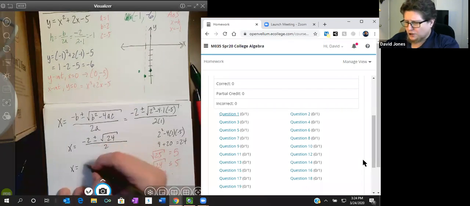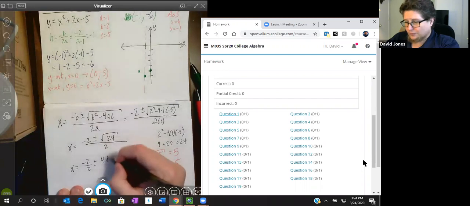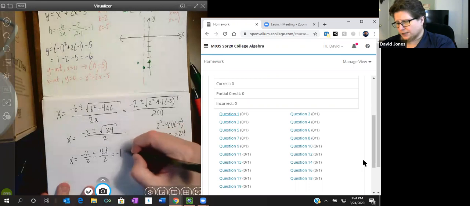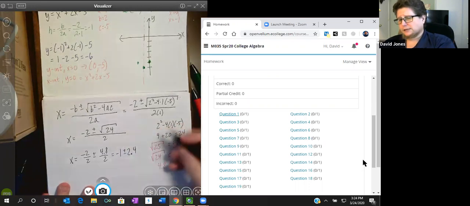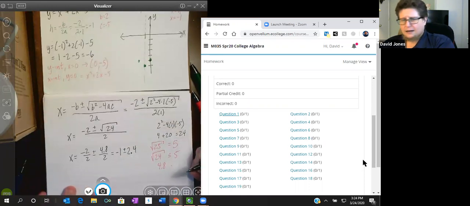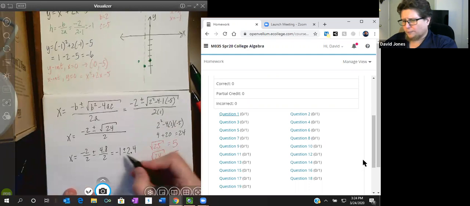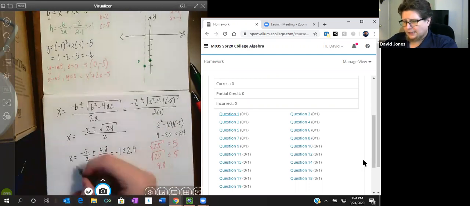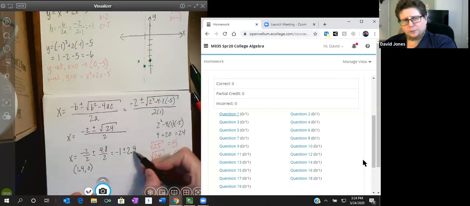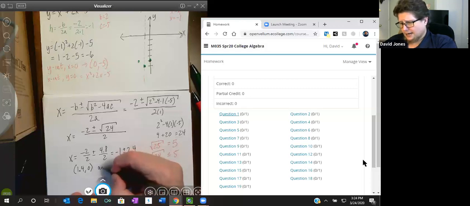So I've got negative 2 over 2 plus or minus 4.8 over 2. This is negative 1 plus or minus 2.4. My x-intercepts: negative 1 plus 2.4 is 1.4, comma 0. And if I do negative 1 minus 2.4, I get negative 3.4, and 0.